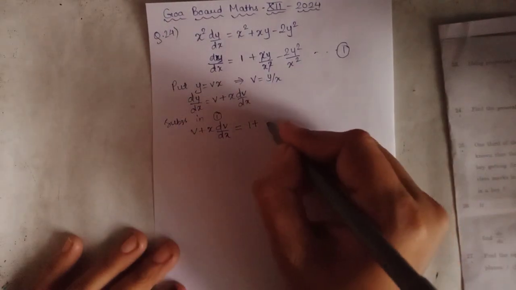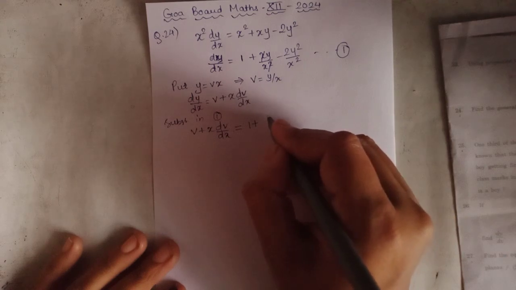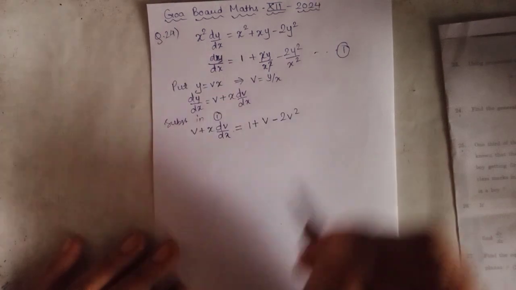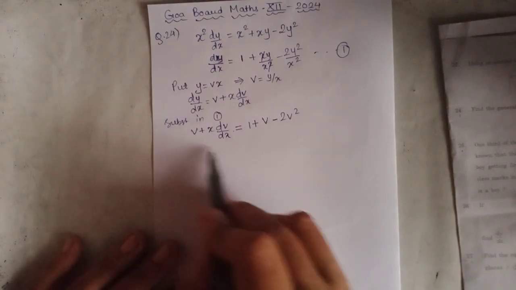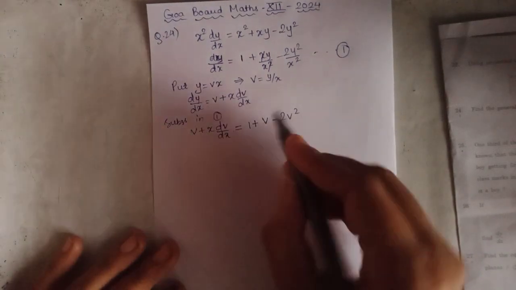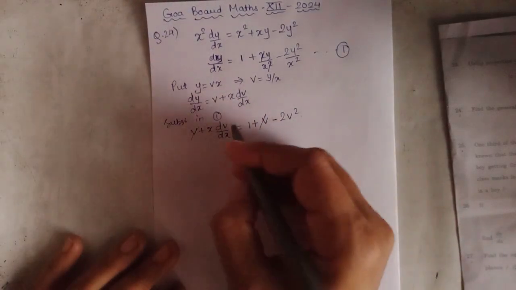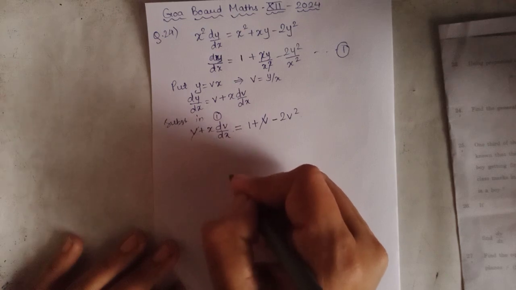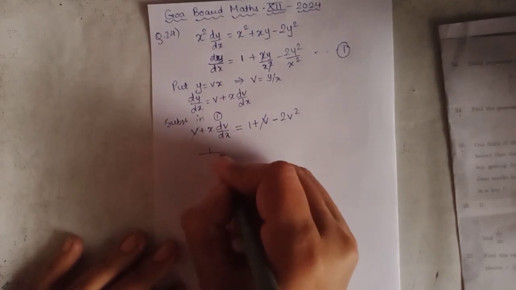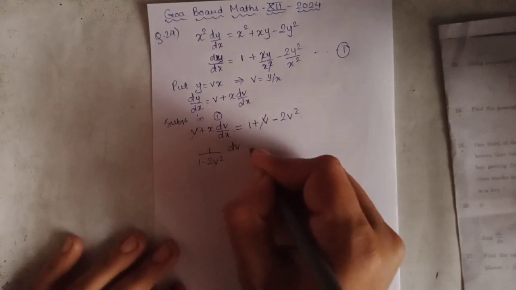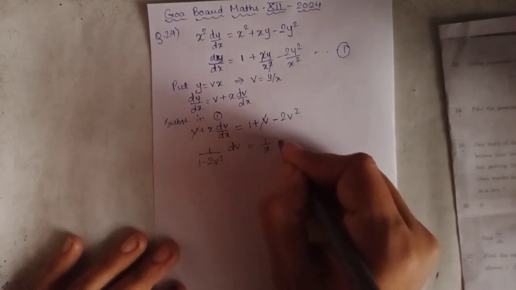So you can substitute here v, and this will be 2v square. So if you take v here, it will be minus v, so this plus v and plus v get cancelled. Then you can take the v terms together, so this will be 1 upon 1 minus 2v square dv equal to 1 upon x dx.